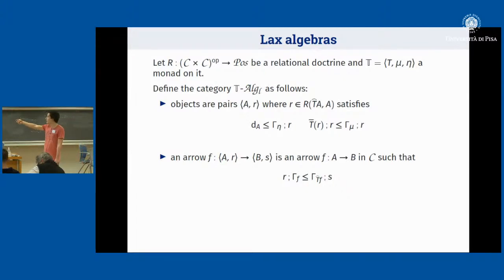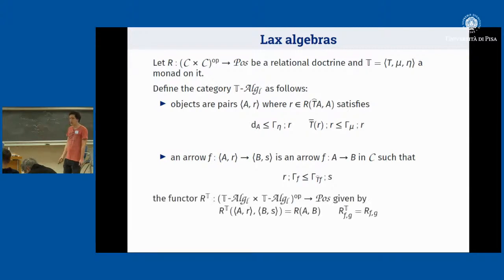So again, this is the same thing as a homomorphism between usual algebras, but here it is not strict but lax, because we only want relations to be preserved and not to be reflected, in a sense. And then we can define a doctrine on this in a pretty simple way. We take relations between two algebras to be all the relations between their underlying objects.